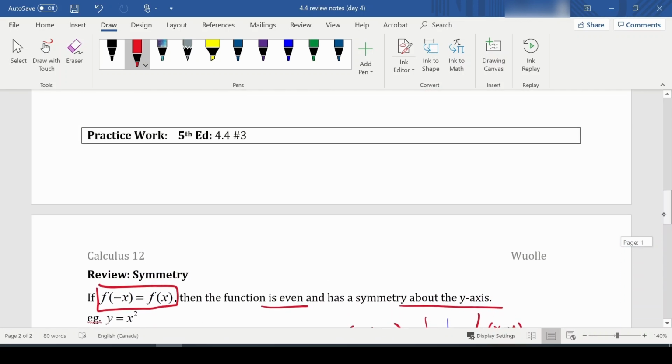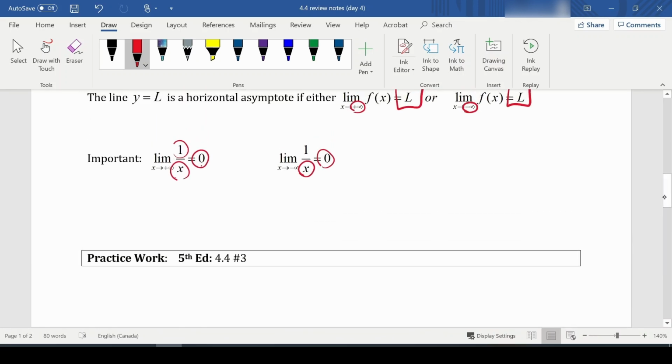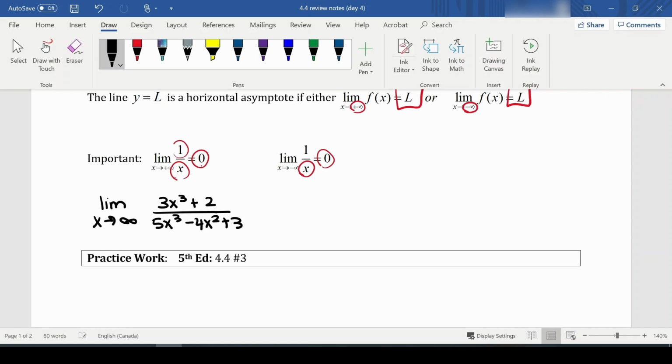Also with our limits, as x approaches infinity, we did have things like polynomials. Again, way back from chapter 2, have something like the limit as x approaches infinity of 3x cubed plus 2 over 5x cubed minus 4x squared plus 3. Remember that it behaves like the highest power. So the top behaves like 3x cubed and the bottom behaves like 5x cubed.